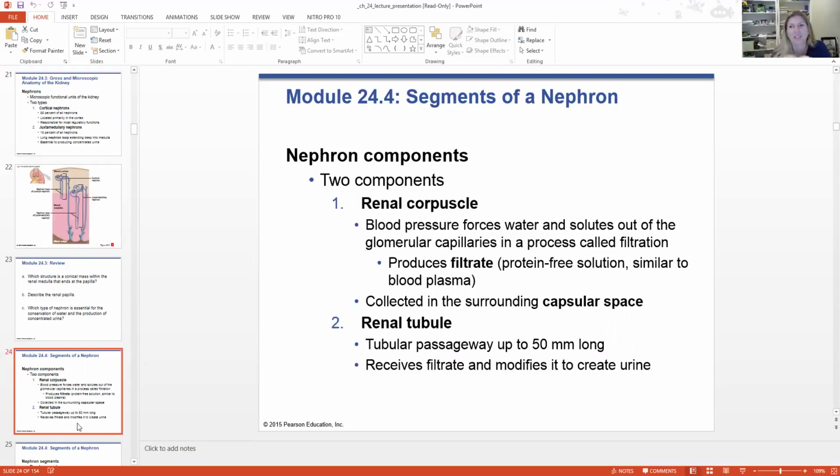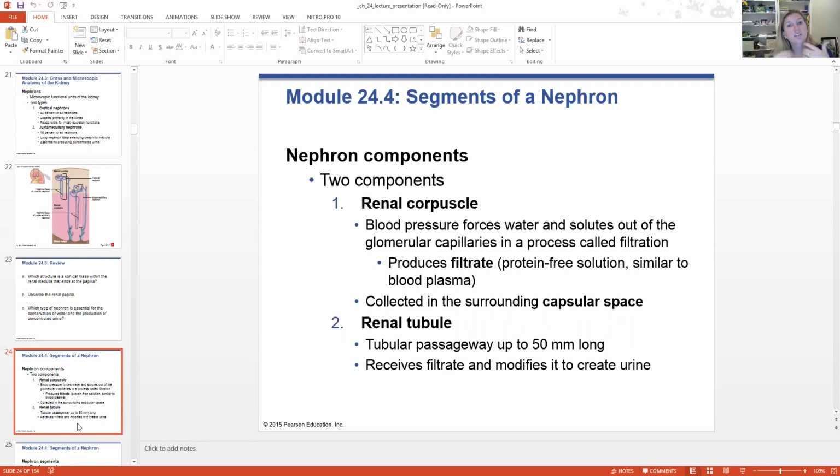So it's kind of like a catcher's mitt. The whole thing is the corpuscle. It's made of a capsule, or capsular space, and a glomerulus. The glomerulus is the capillary network. The whole thing is called the renal corpuscle. There's a renal tubule. This is where the filtrate goes.